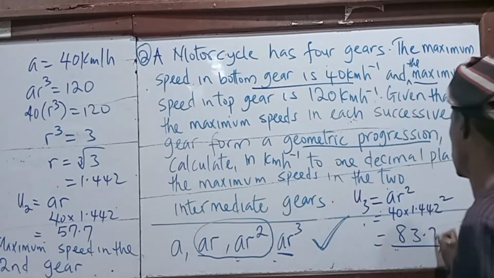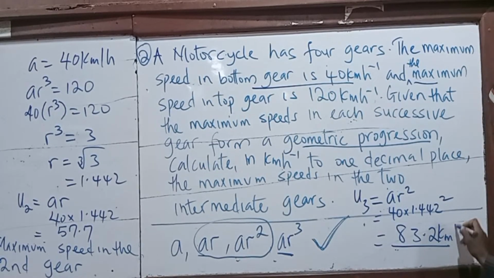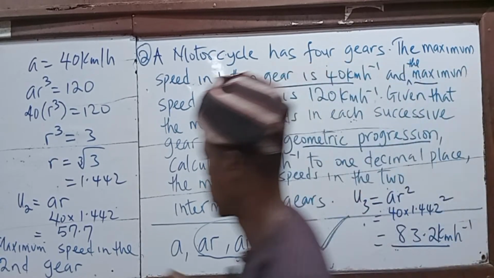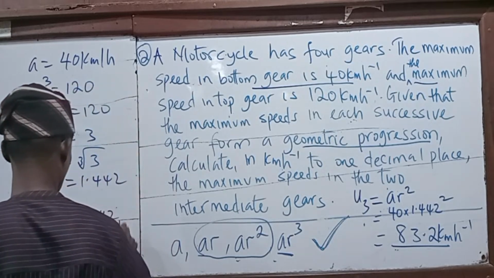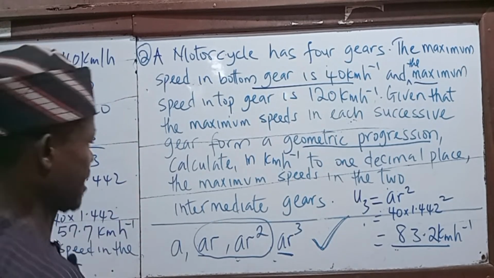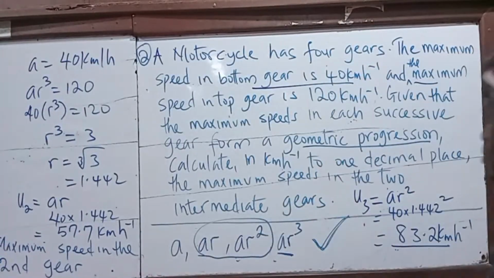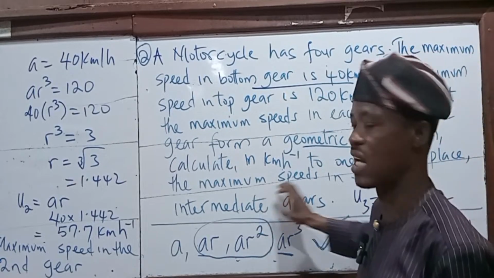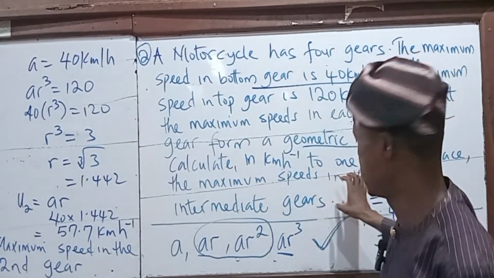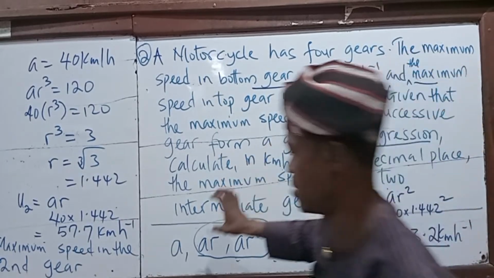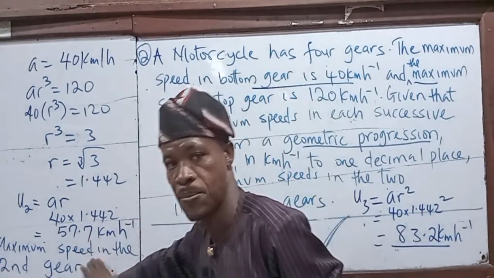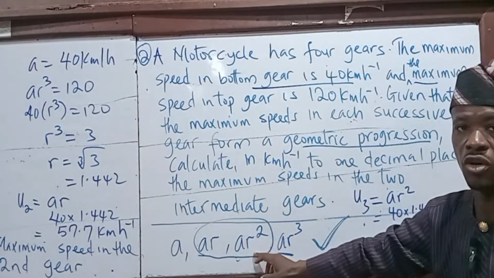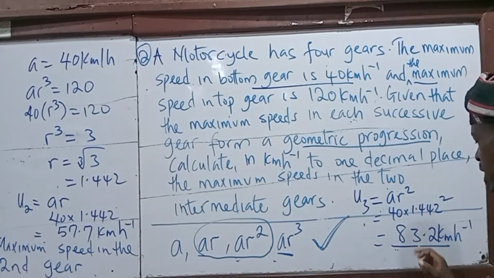That's 83.2 km/h for that one, and the other one is also in km/h. So that is the maximum speed in the two intermediate gears: the second gear and the third gear, which is 83.2.